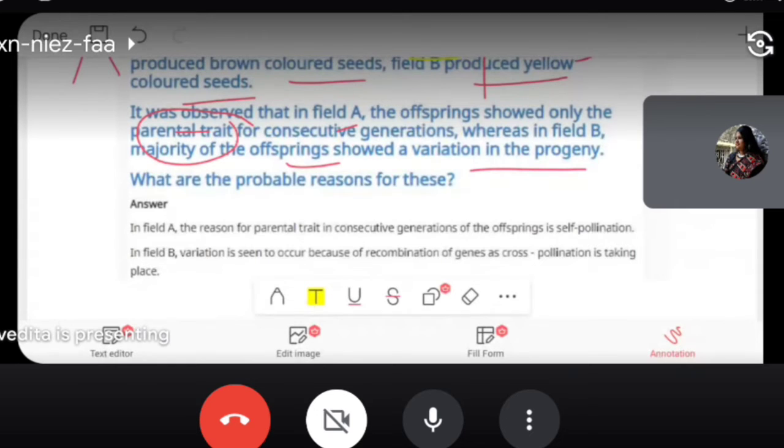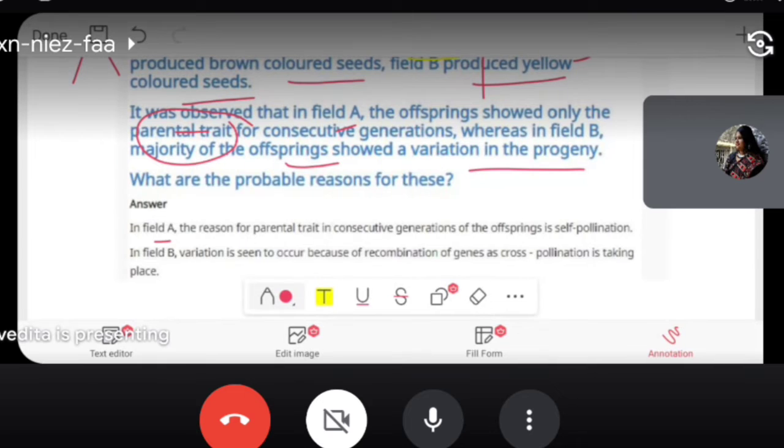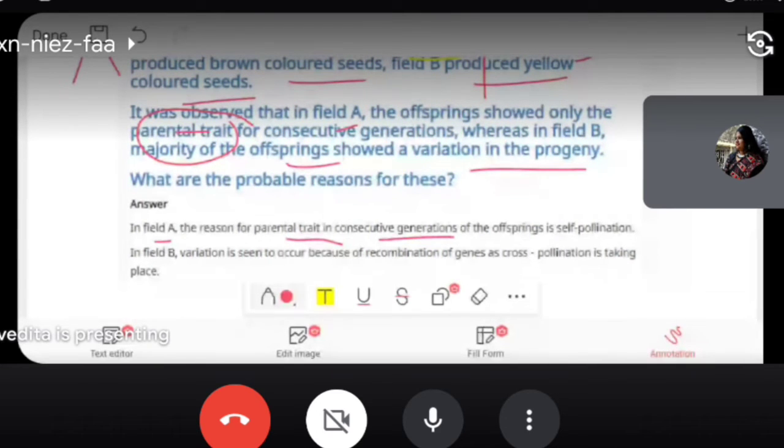So the answer will be, in field A the reason for the parental trait in consecutive generations of the offspring is self-pollination. That means in field A whatever pollination is being done, that is self-pollination. We all know that in any tree there will be several flowers.